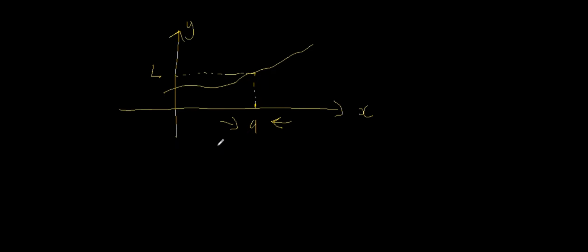When we approach it from the right, we say x plus, and here's x minus. This means right and left respectively. The plus is to the right, sorry, the minus is to the left.